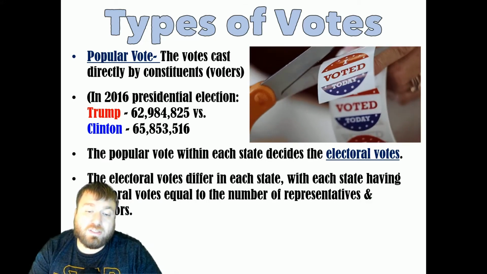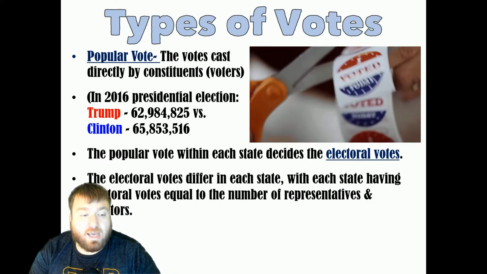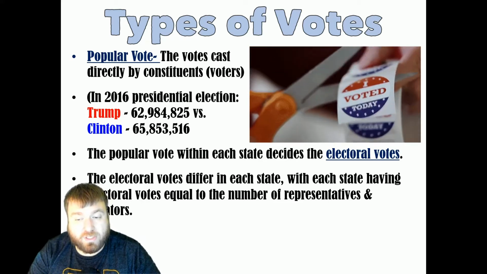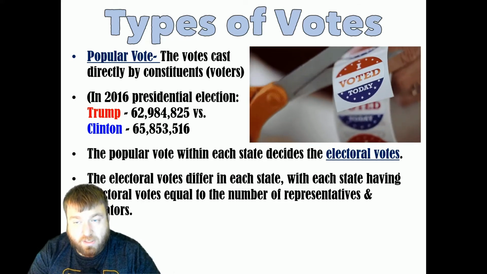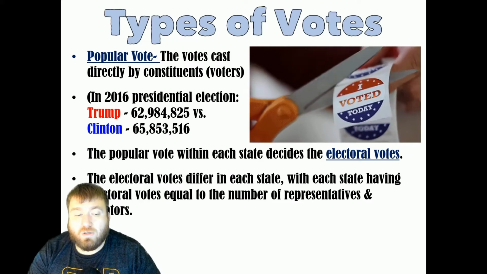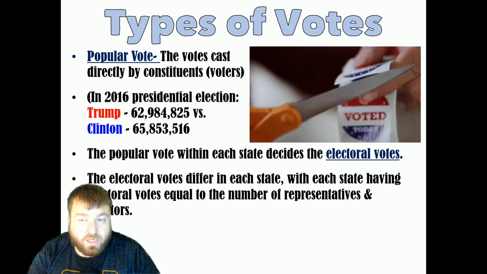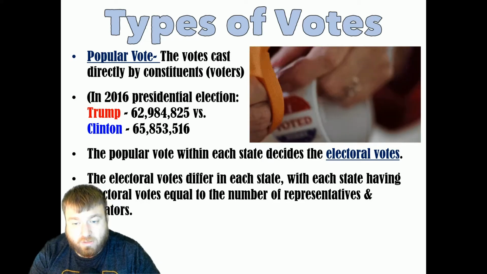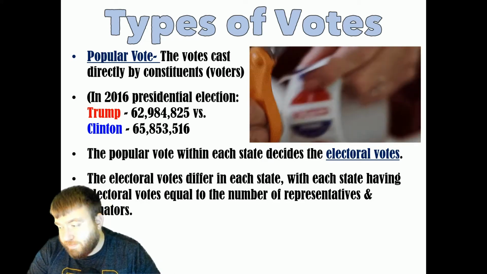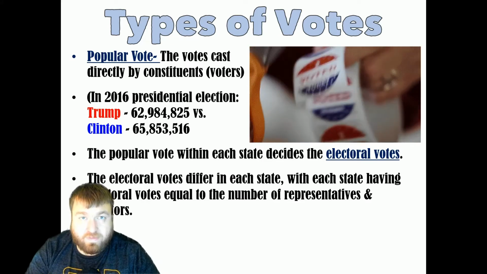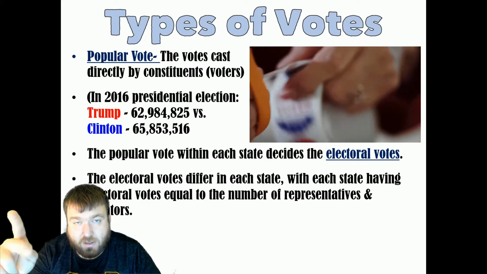The electoral votes differ in each state, with each state having electoral votes equal to the number of representatives and senators. So, each state has 2 senators, and then the number of representatives is dependent on population. So, in the Senate, West Virginia has 2 senators.